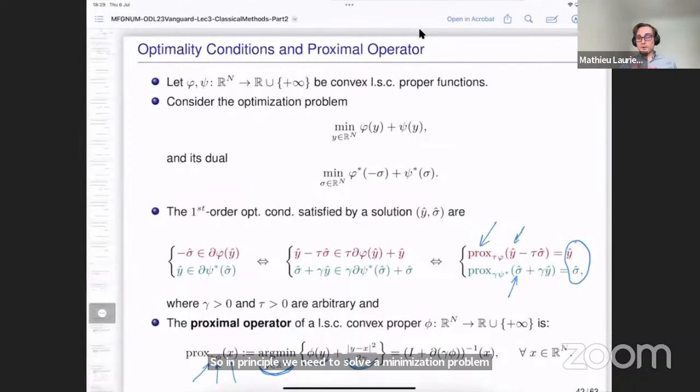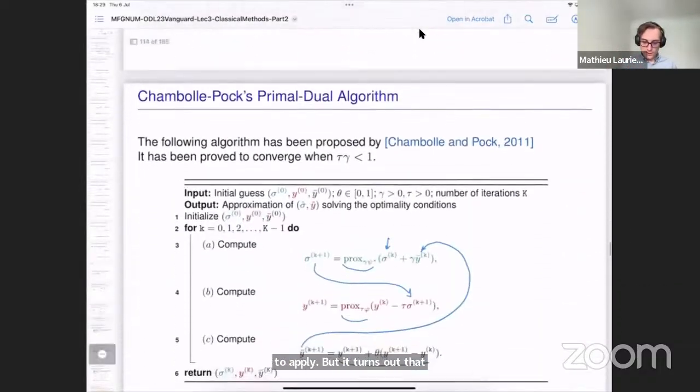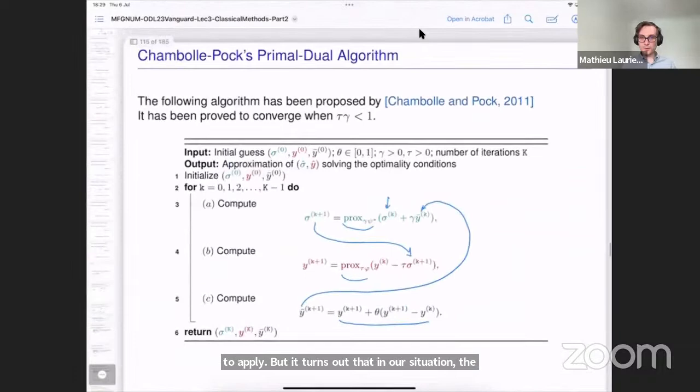And if phi and y and sigma are vectors in high dimensions, then it can be complicated to solve a minimization problem, right? So it's not clear that the algorithm is always easy to apply, but it turns out that in our situation, the 2 proximal operators are going to be simple to solve.